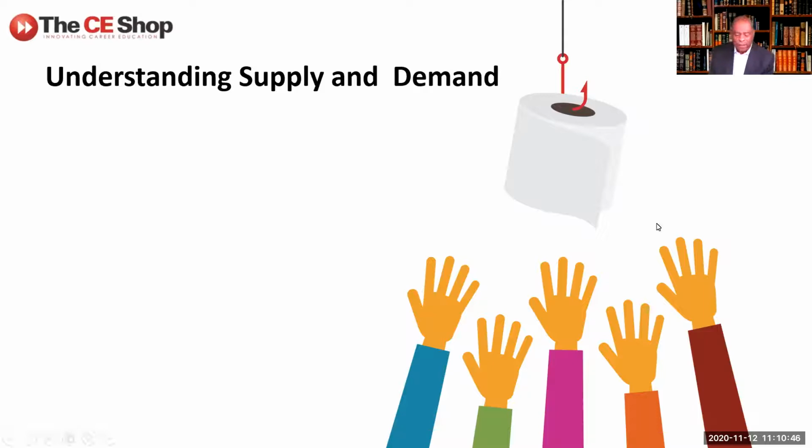Now, there are other factors that affect supply and demand. One of those is, you might have heard this old saying, buy land because they're not making it anymore. And there's a caveat there. I think they are making it in Hawaii. But the wisdom in saying it is that there's a fixed supply of land.